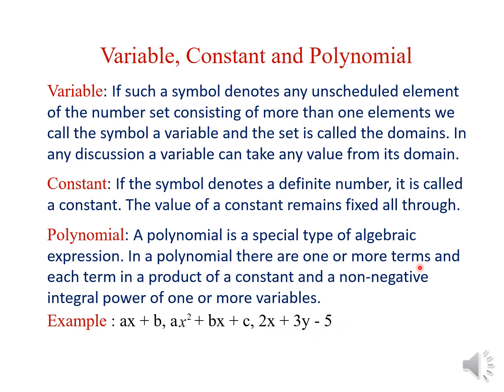Each term is a product of a constant and a non-negative integral power of one or more variables. In the third example, there are two variables x and y, and the power is non-negative integral, that is, it cannot be a fraction, only a positive integer.